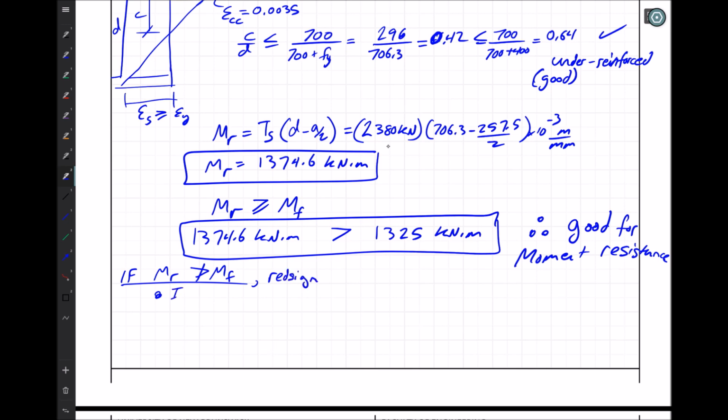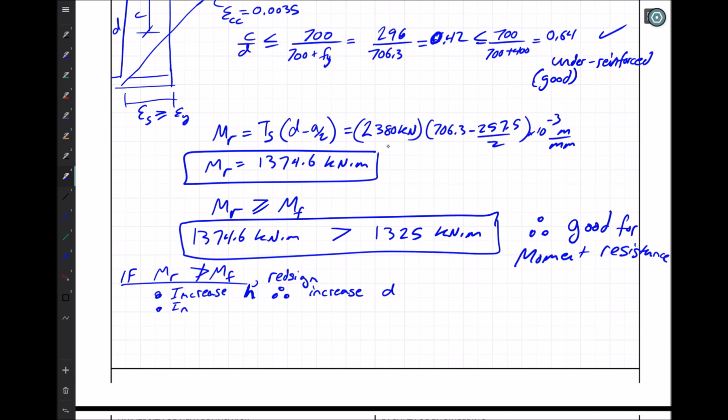We can increase h, the section depth, the section height, and therefore increase d.